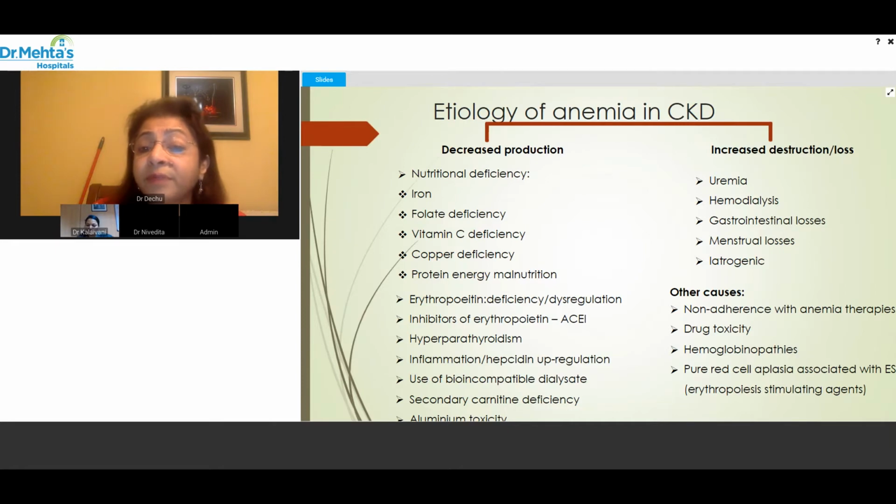Other hemoglobinopathies that have to be remembered, like beta thal and sickle cell, etc. And a very rare condition called pure red cell aplasia that is associated with erythropoiesis stimulating agents, which I'll also be talking about real quickly.